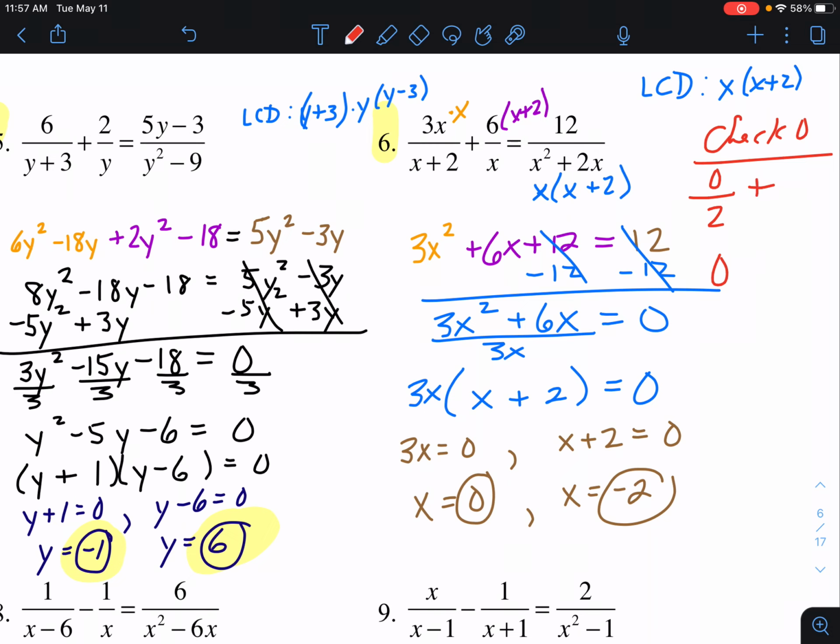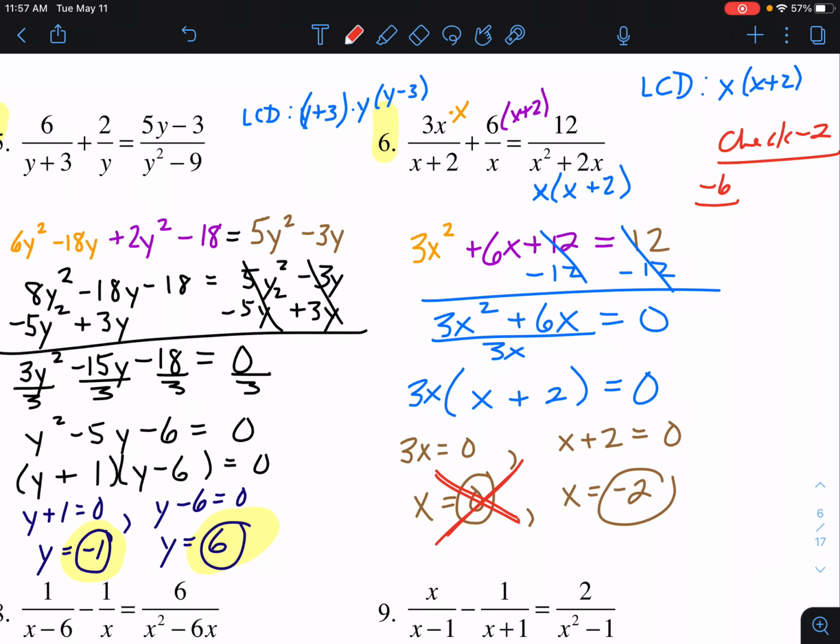Then 6 divided by 0. Well, that's not okay. That's undefined. Therefore, 0 is an extraneous solution. We've got to get rid of it. All right, now we're going to check negative 2. The first fraction, 3 times negative 2 is negative 6.